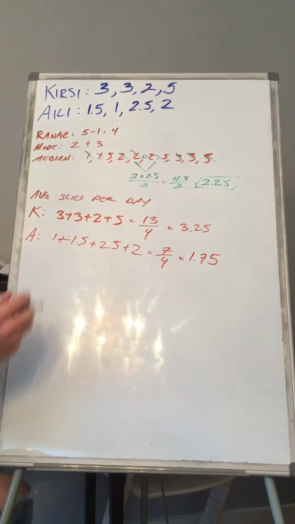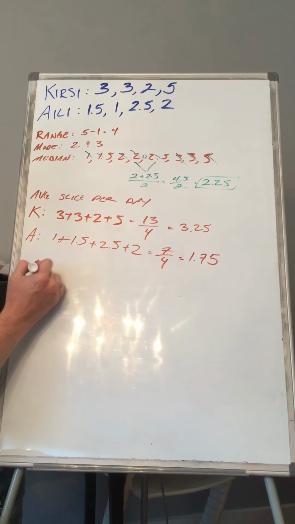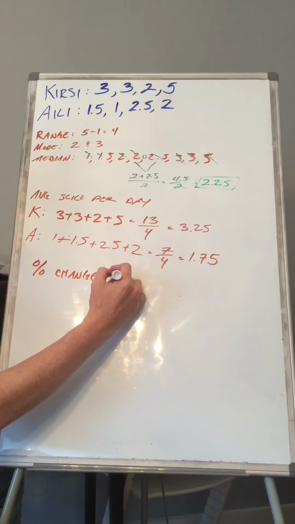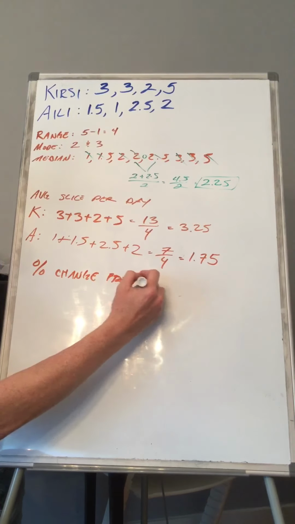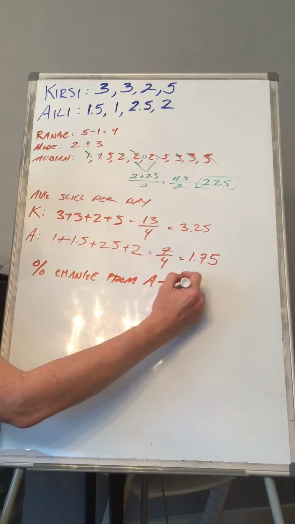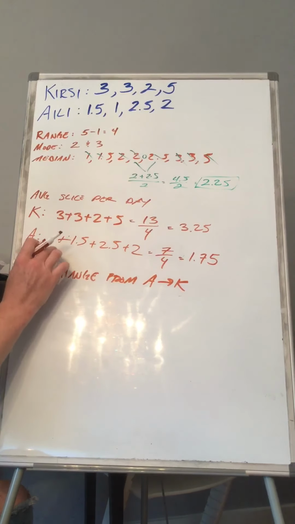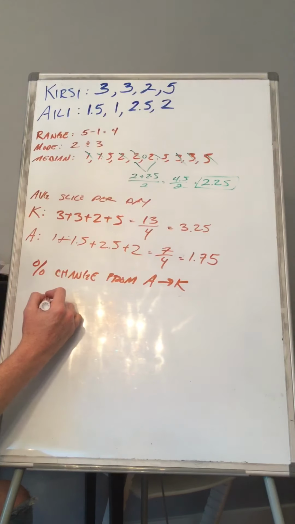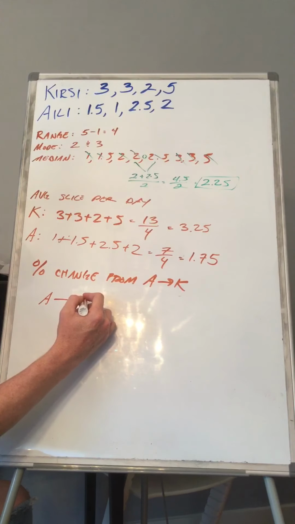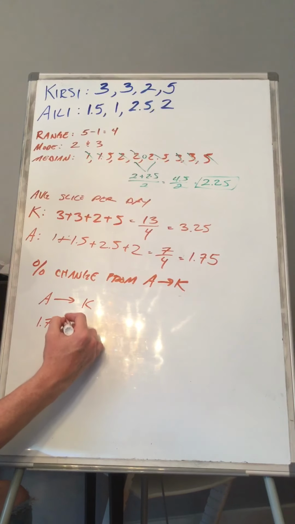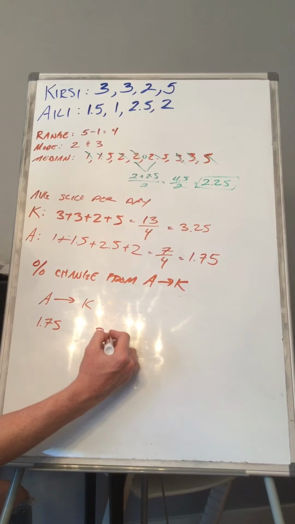Now let's find the percent change from Eiley to Kiersey. So first my value from Eiley to Kiersey, I start off with Eiley's, which is 1 3/4, and I want to figure out the change to 3 1/4.